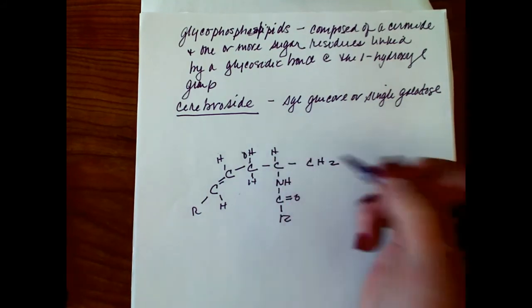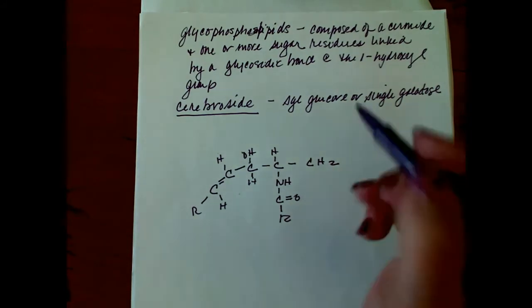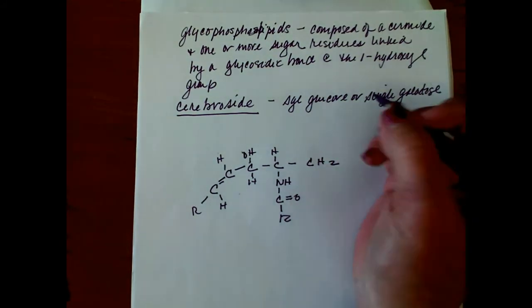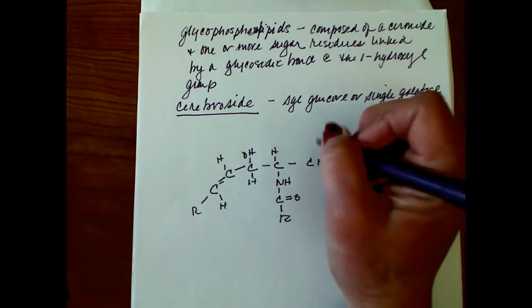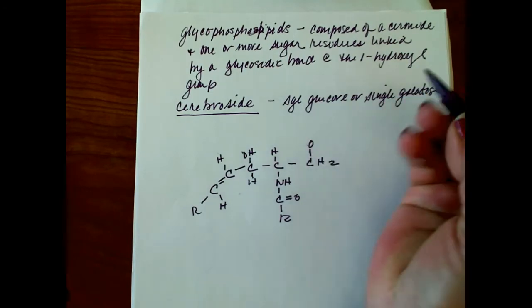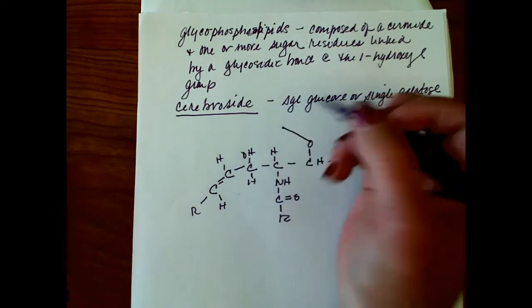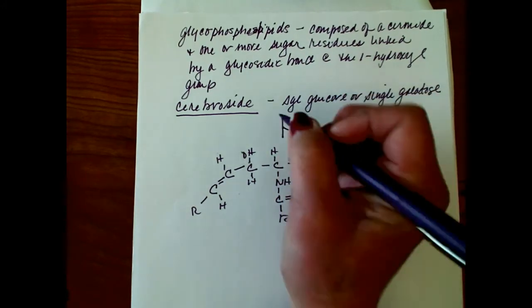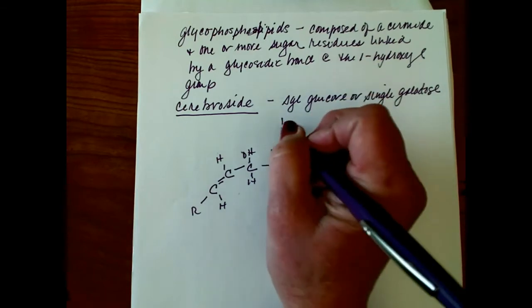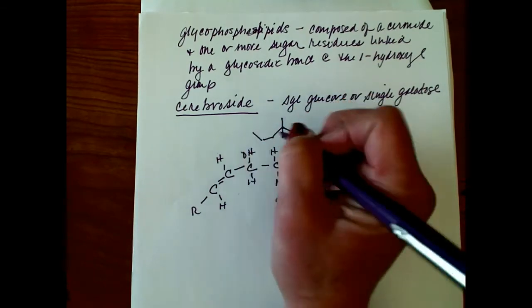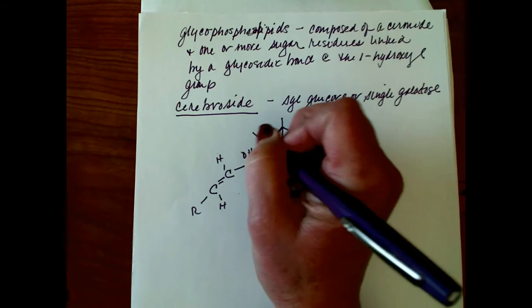And it's through that hydroxyl group on carbon 1 that will have the sugar attachment. And in this case, it's beta galactose. I hope I left myself enough room here. I might have to make this kind of smaller than I normally would.